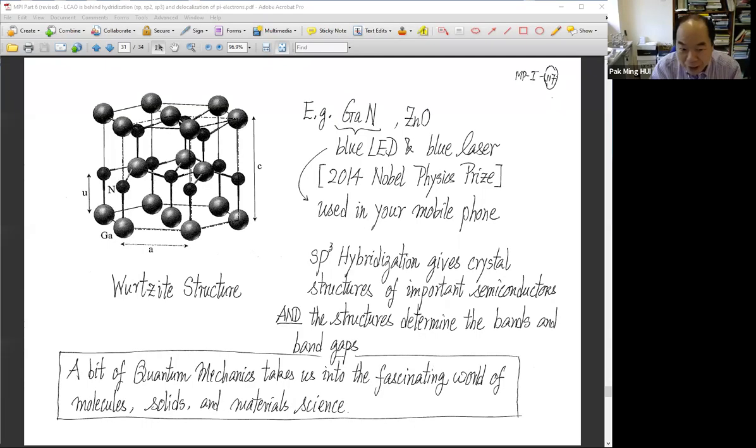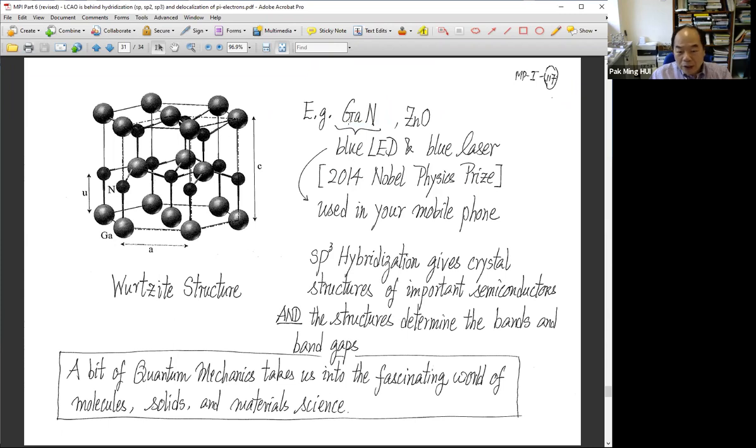And what is that important? And another Nobel Prize winning stuff. In 2014, a recent Nobel Prize was awarded for the work of discovering gallium nitride as a blue light emitting semiconductor.